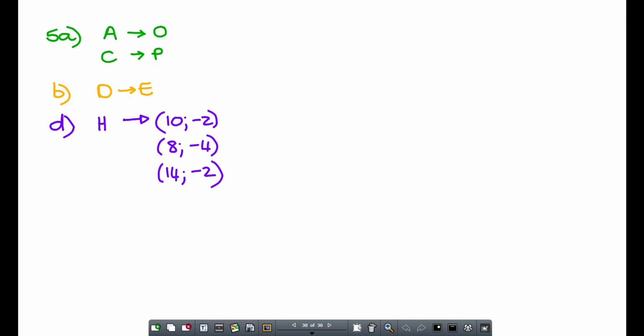Now you will see that A and O were reflections of each other. C and P were also reflections in the x-axis. Then at B, which shapes are reflected in the y-axis? Now that was only D to E. Any questions there?